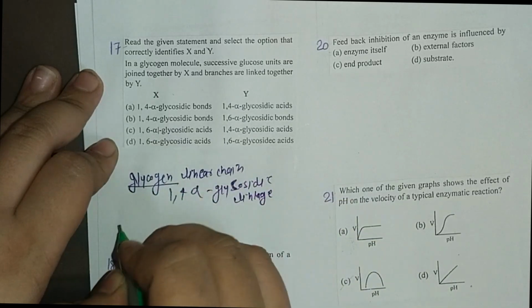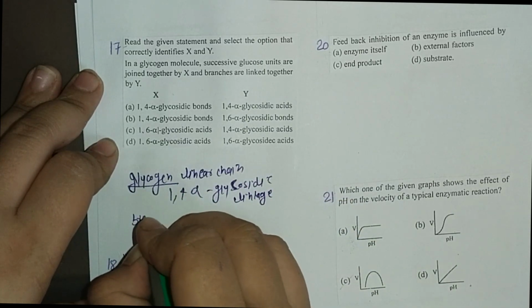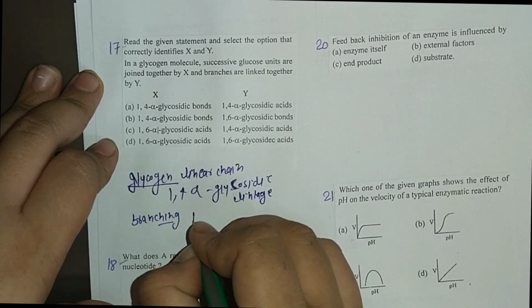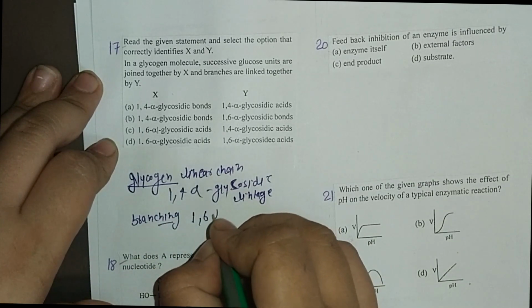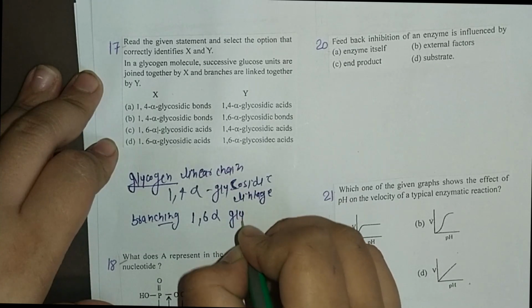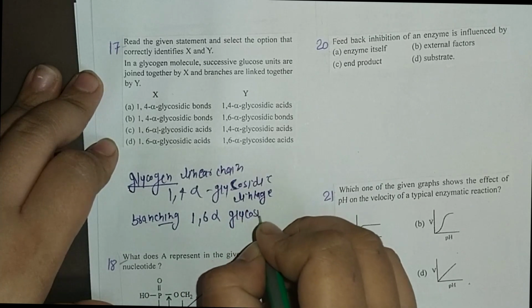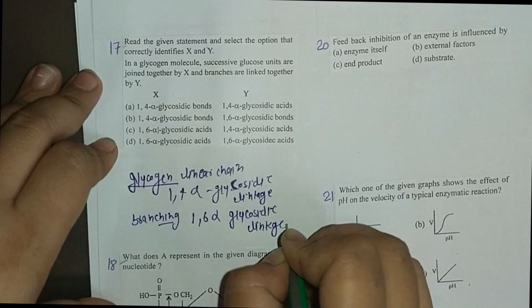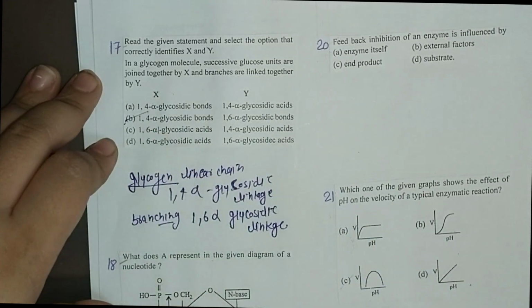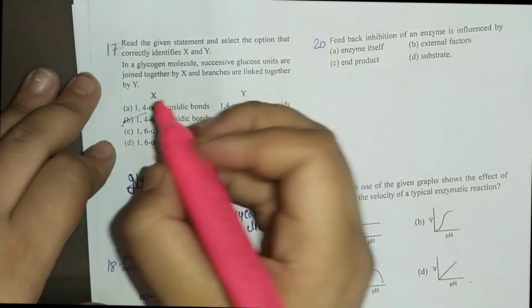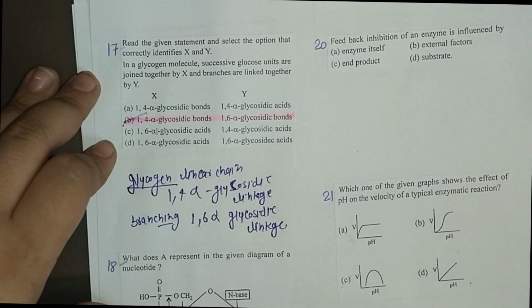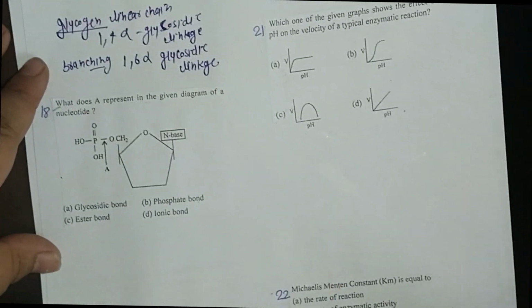While if we are talking about branching, in branching there is same glycosidic linkage but it's with 6th carbon, so 1,6 glycosidic linkage. So the correct answer is B, 1,4 glycosidic linkage. Moving on to the next question.